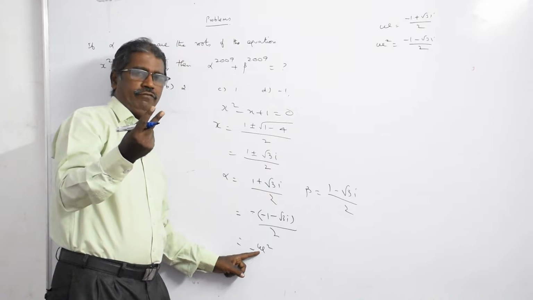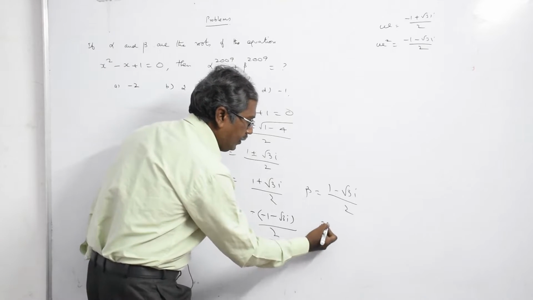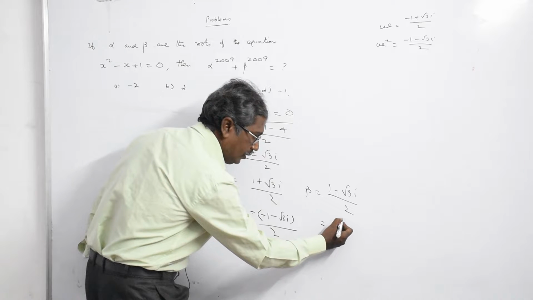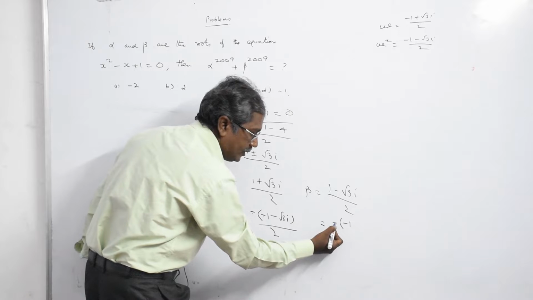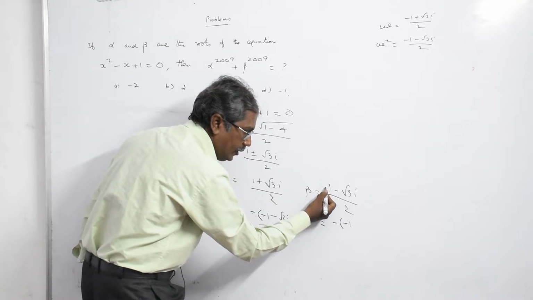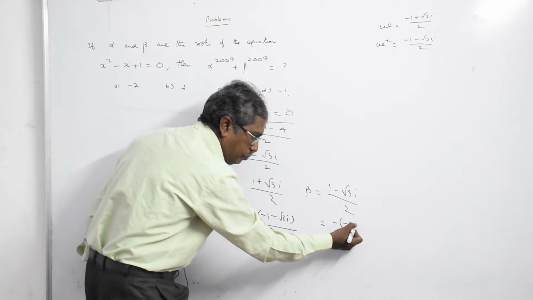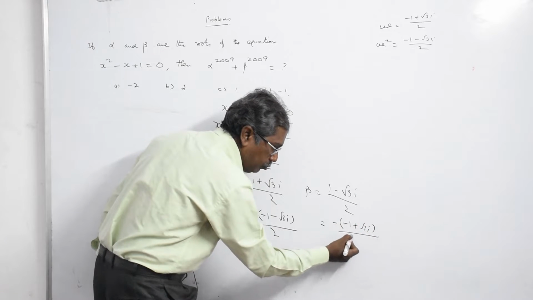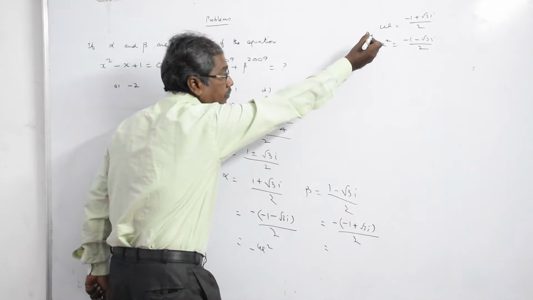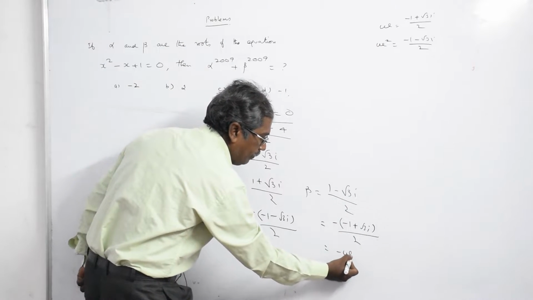Okay, now beta. Again take minus outside, put minus 1 here. Here it is minus, minus into minus plus. So here it is minus, so we need to put plus here, plus into minus minus, put root 3i here by 2. So this will become, just refer to this formula, minus omega.